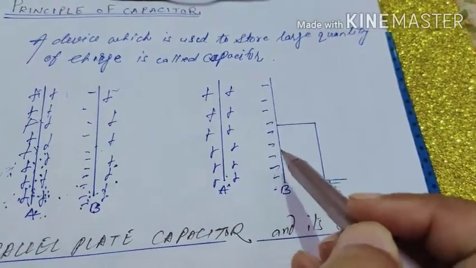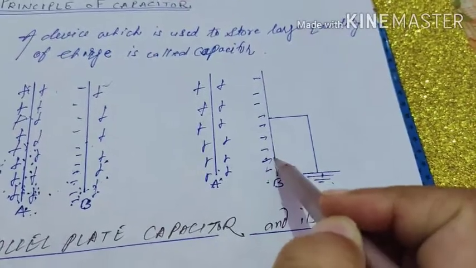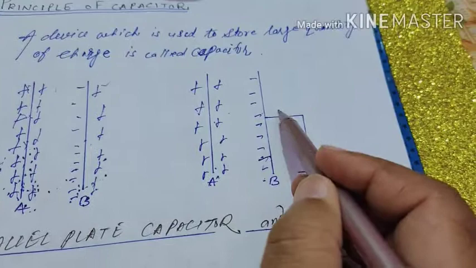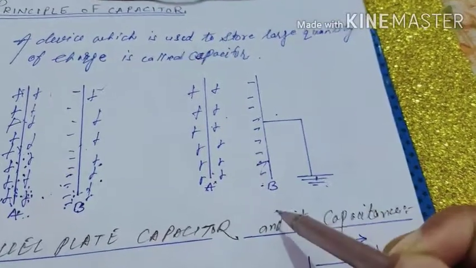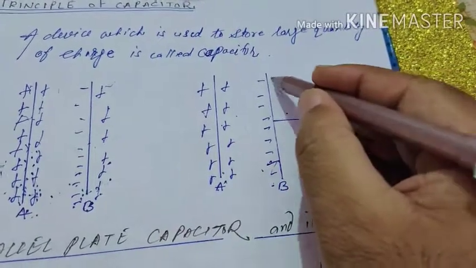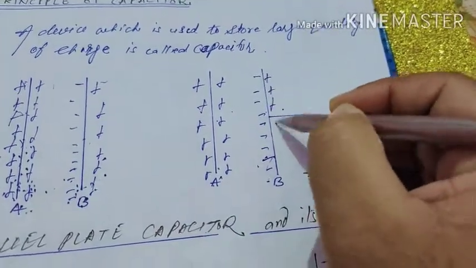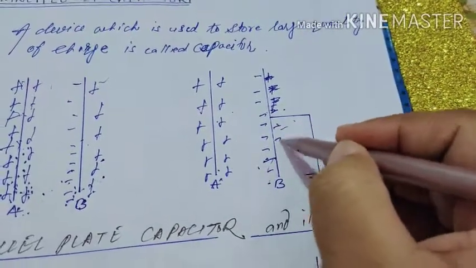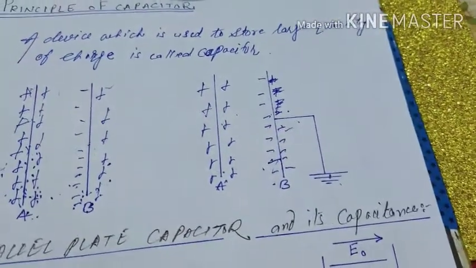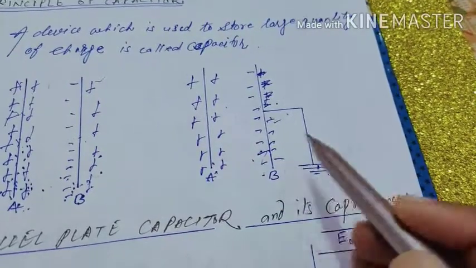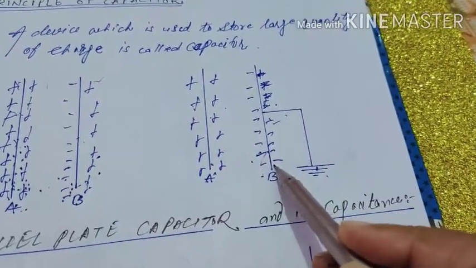That is why negative charge stays on plate B, but positive repels positive, so that moves to the earth. And this negative charge is uniformly distributed over plate B. So now you have one positive plate and a second, negatively charged plate.